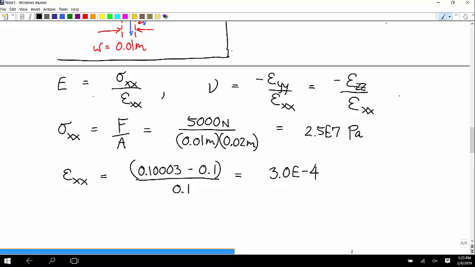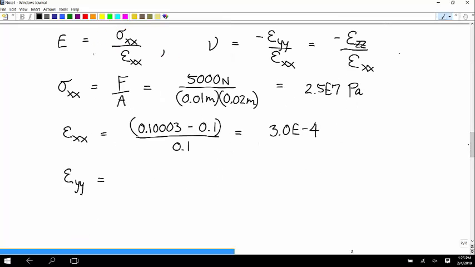And now the only thing we still need is strain for one of the off axes. We were given the change in length or the new length for the y, so we'll use that. So epsilon yy is equal to the deformed length, which was 0.00 and then 3 nines and then a 2.